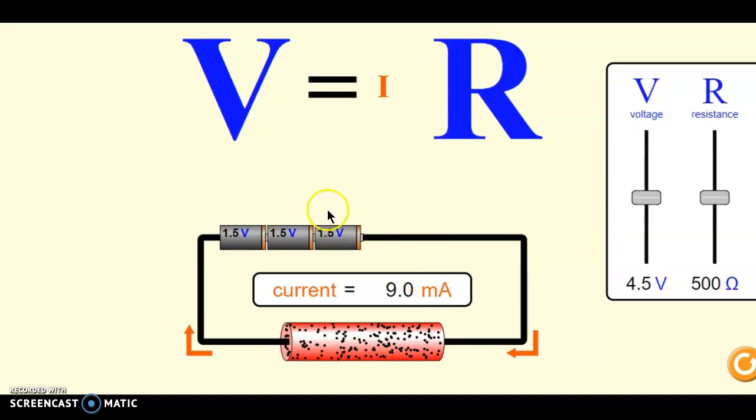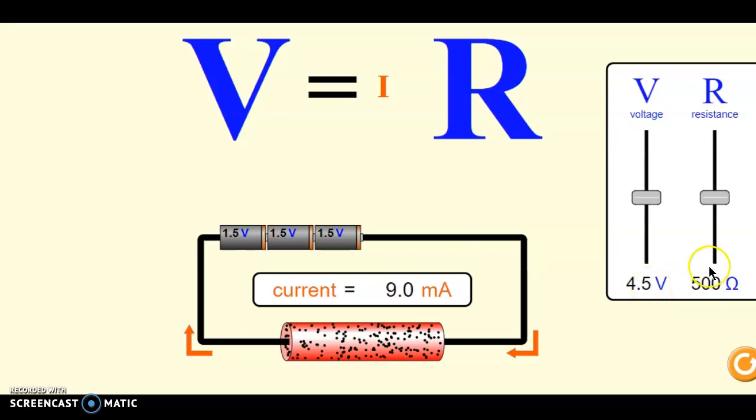So I have these voltages, 3 batteries. Each one of these batteries has a voltage of 1.5. I have this wire, and I have a current equal to 9 milliamp. Total voltage is 1.5 times 3, 4.5 volts.